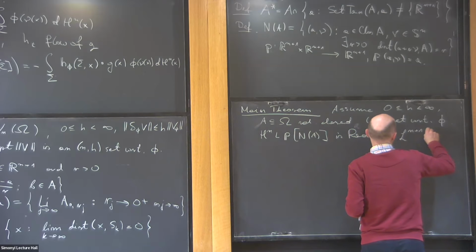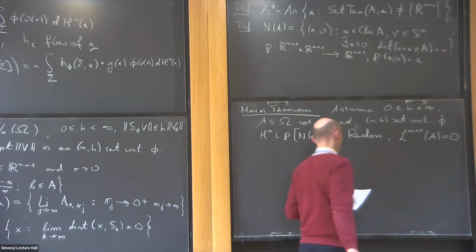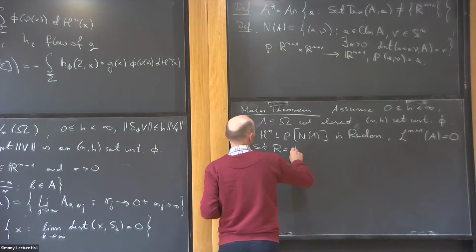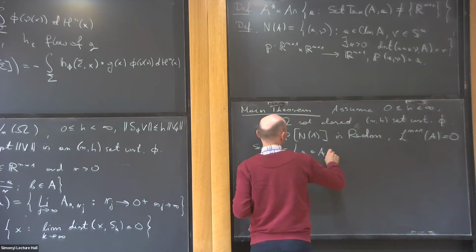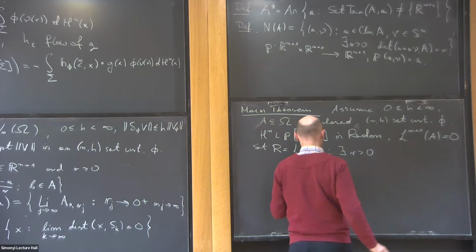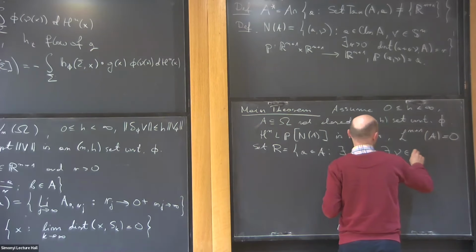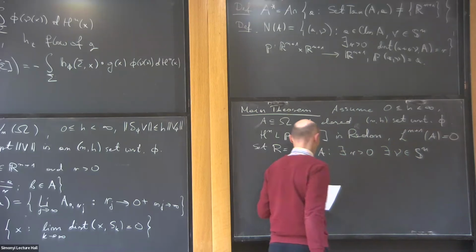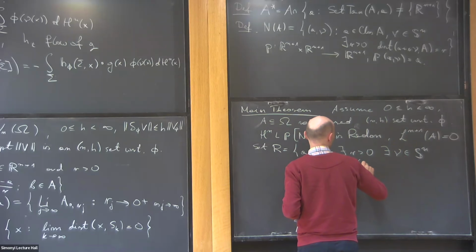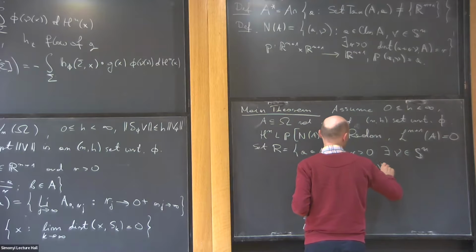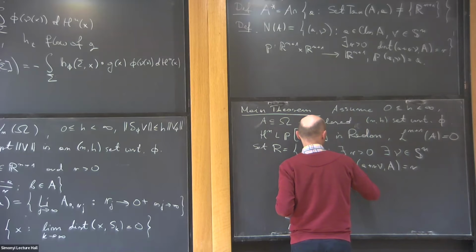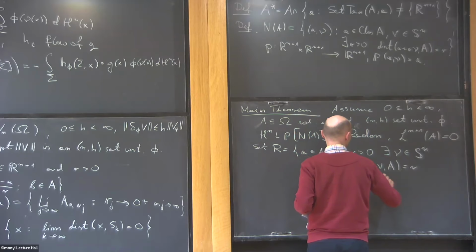And assume it has 0 Lebesgue measure, and define R to be those points in A where there exists a positive R and there exists a vector in the unit sphere such that you can touch from both sides. So A plus R nu from A plus R, and the distance from the other side.